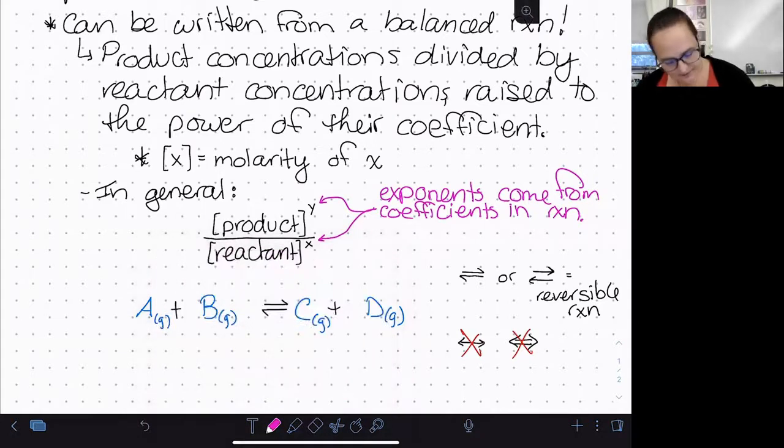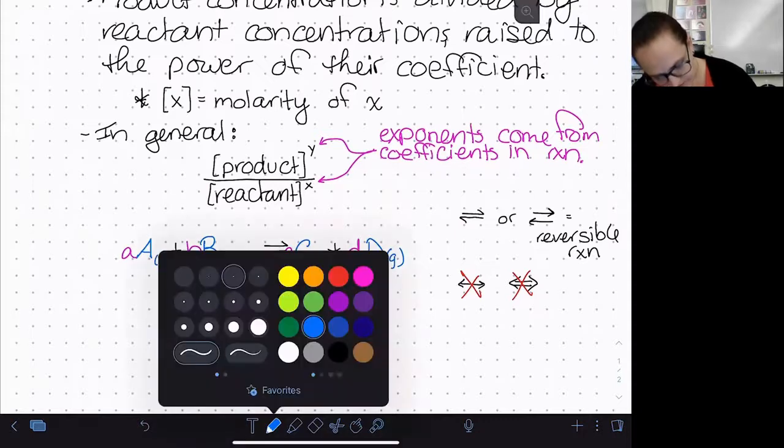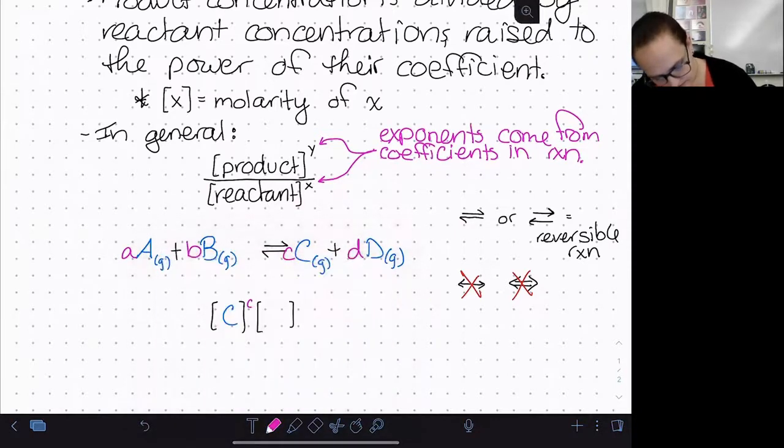So back to our example here. Our coefficients are the lowercase letters, and my reactants and products are the uppercase letters. If I want to write the equilibrium expression for this reaction, I put my products on top. They'll be multiplied together when there's more than one molecule on the same side. So I will have concentration of C raised to the c power times the concentration of D raised to the d power.